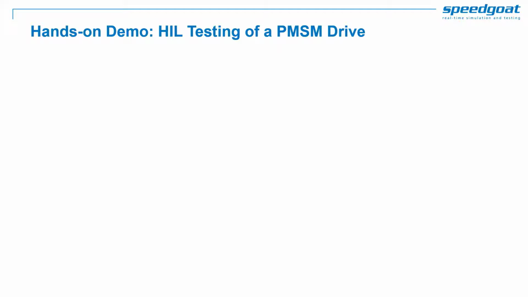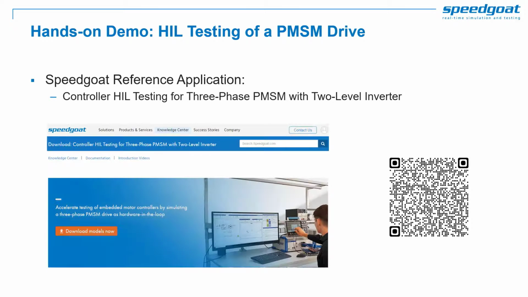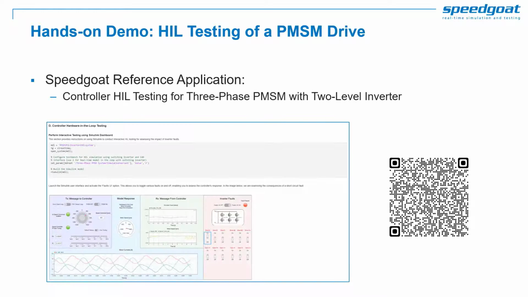If you want to reproduce the different steps of this webinar, you can download the 3-phase PMSM with 2-level inverter reference application. It contains a getting started documentation which will guide you to exercise motor control HIL.